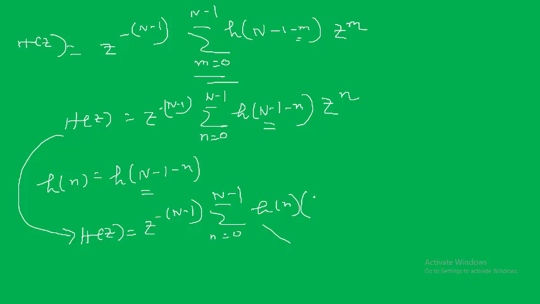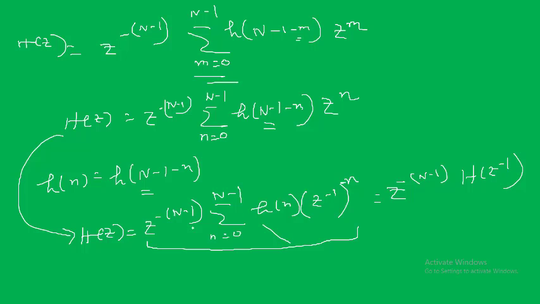So now we can write that this is z inverse to the power minus n. So now what we can say, this entire thing is nothing but z to the power of minus n minus 1 h of z inverse.